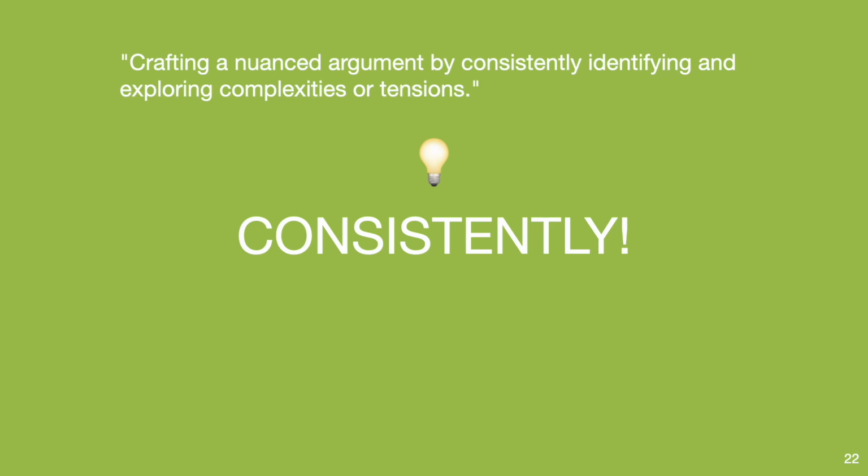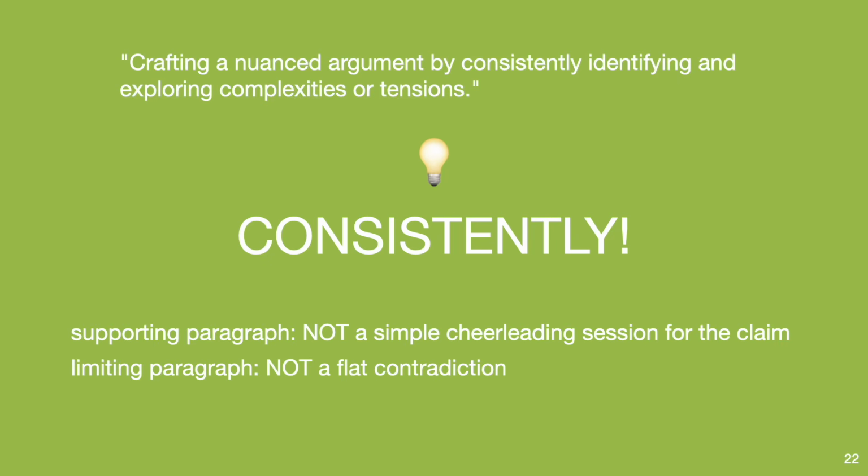You earn it by maintaining the complexity throughout your essay. That means your supporting paragraph shouldn't just be a simple cheerleading session for the claim, and your limiting paragraph shouldn't be a flat contradiction. Both paragraphs should show that you understand the issue is more complicated than it appears.